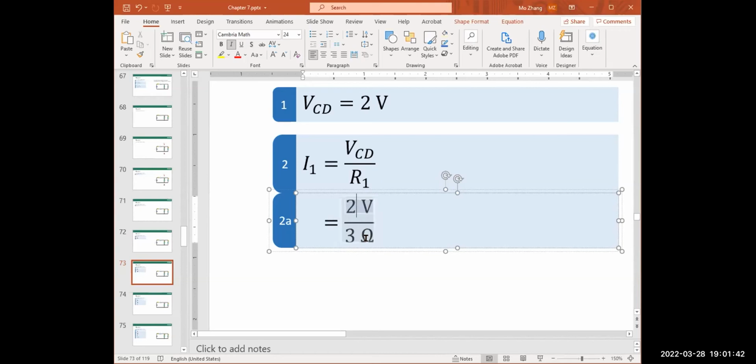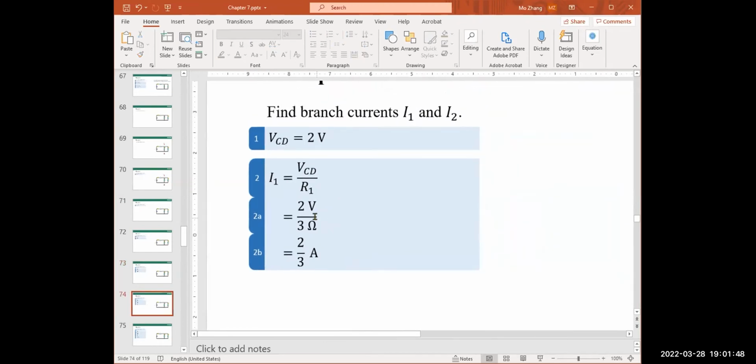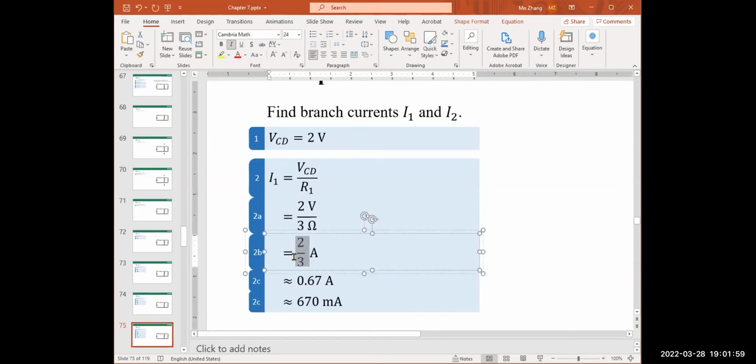Get a number first, and then at the end, we know that must be ampere. So 2 over 3 equals 0.67. If you use a calculator, let's keep decimal form. Fraction form is usually not used in electronics or electrical engineering, especially for finding current, resistance, voltages.